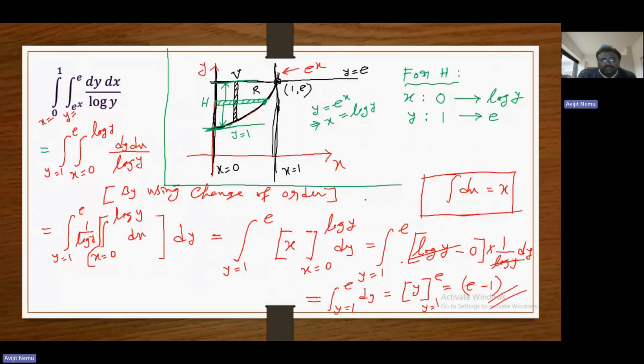But if we use change of order of the integration, we can easily find the value of this double integration. So this is the advantage of change of order. Otherwise, if we are able to find the value in the straightforward, conventional way, we will always do this. Otherwise, we have to change the order of the integration, and then we can find the value of the integration if it exists.